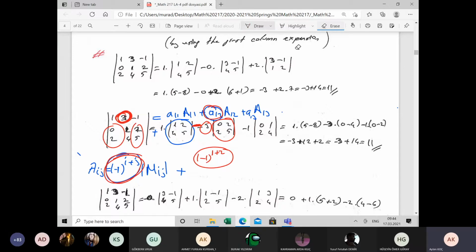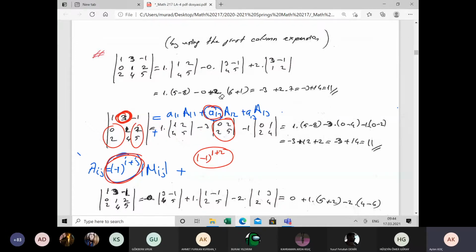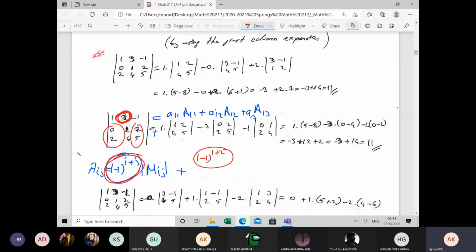So this gives minus 3. The sign of position for this one is plus, this one is minus, and for this one, minus 1 to the 1 plus 3 is positive, so plus the entry minus 1.